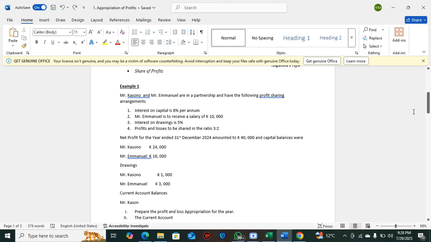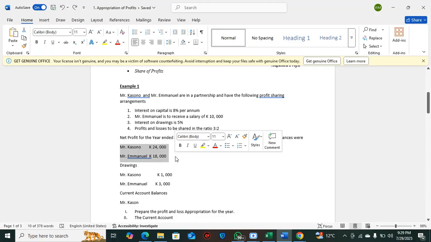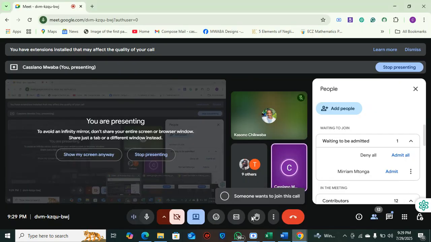So, colleagues, in a partnership, you have the capital account, which is usually fixed. Like for these two, Mr. Casono and Mr. Emmanuel, their capital accounts are just 24,000 and 18,000, and it stays fixed like that. Then you introduce a current account. The current account is just to monitor each partner's transactions.